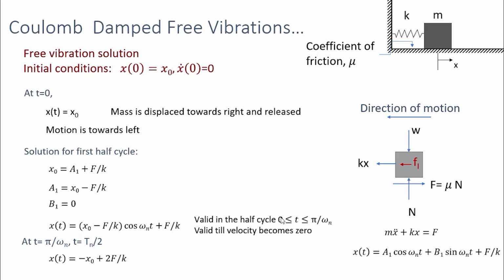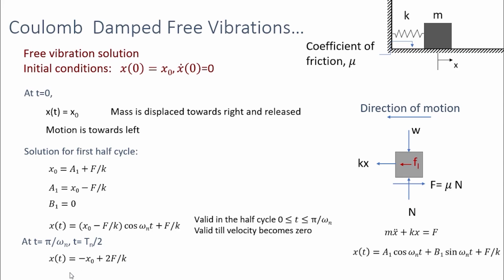If we substitute the value of t is equal to Tn by 2 or pi by omega n, we would get the value of x as minus x naught plus 2F by k.